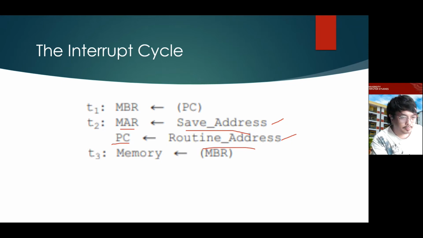In any case, once it is done, the final step is to store the MBR, na kung saan it contains the old value from the PC, into the memory. It will save the value dun sa memory from the MBR to the memory. And the processor is now ready to begin the next instruction cycle.